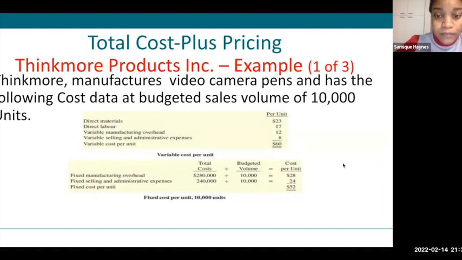All right. So for our variable cost per unit here, they give us $60. We have our fixed manufacturing overhead per unit of $28 and our fixed selling and admin per unit of $24. Fixed cost per unit together is 52. So 52 fixed cost per unit and 60 variable cost per unit.